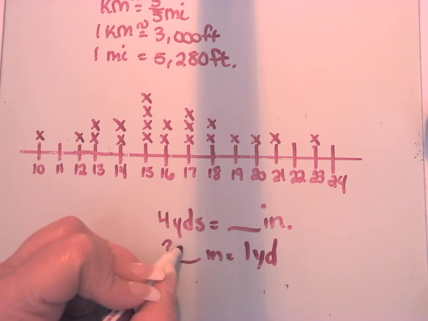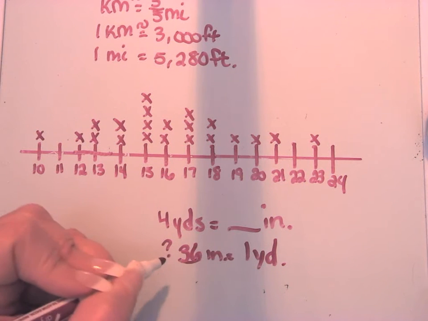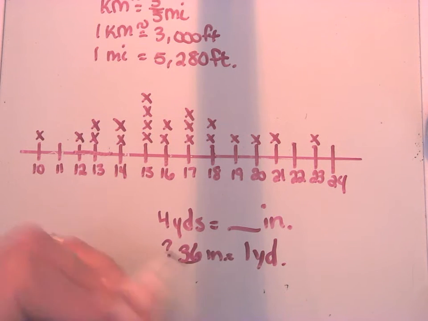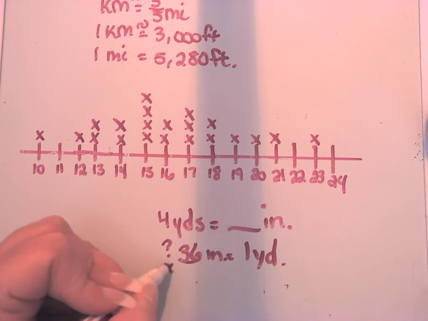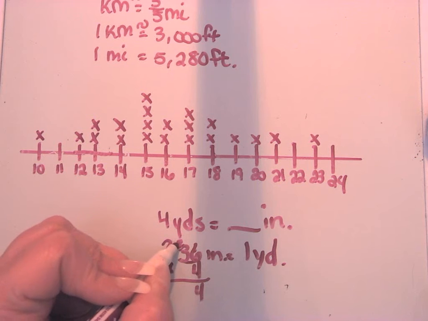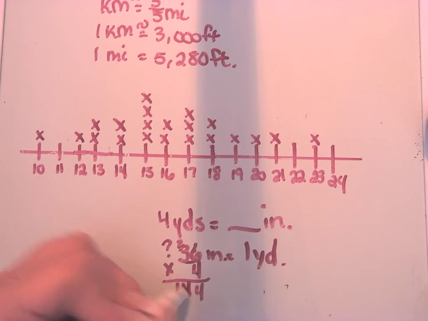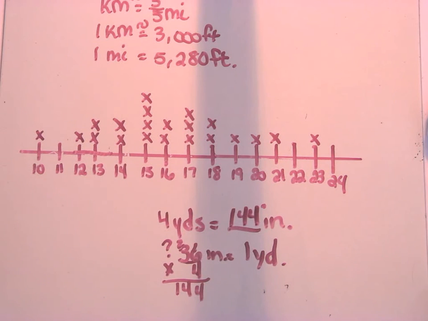If we look at our chart, it is 36 inches. So I have 36 inches in 1 yard, but I have 4 of them, so I'm going to multiply 36 by 4. 6 times 4 is 24, carry my 2. 4 times 3 is 12, plus 2 more is 14. So we'd have 144 inches in 4 yards.